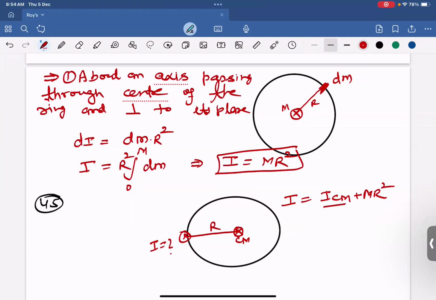ICM itself I have found as mr square, so this is mr square plus mr square. So I should be equal to 2mr square. That should be the answer.